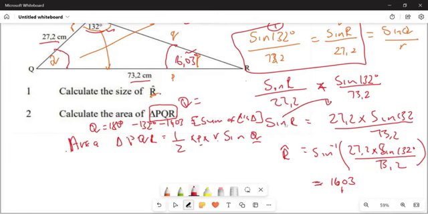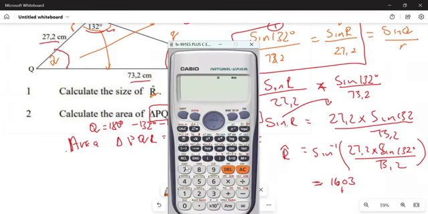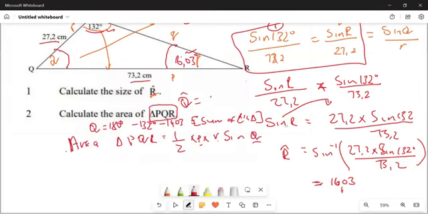If you say 180 minus 132 minus 16,03, what do we get? 31,97. So let's put it here. This is 31,97. Then you can go and substitute in the area.